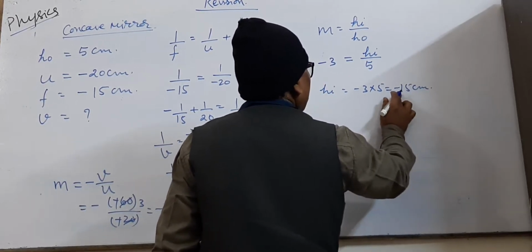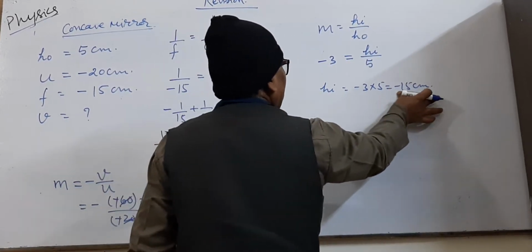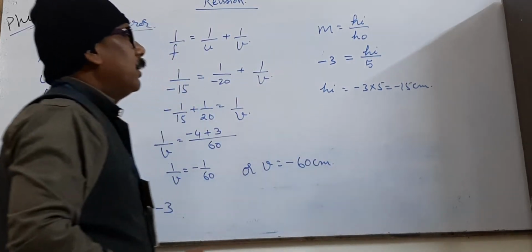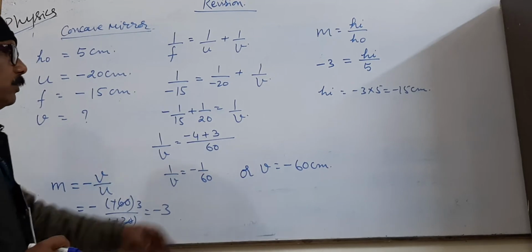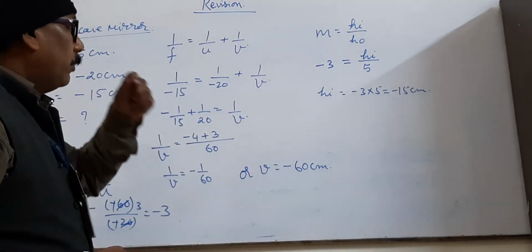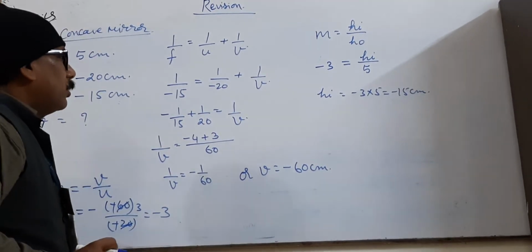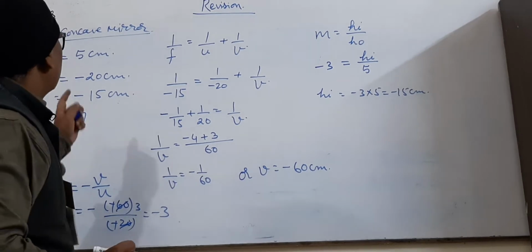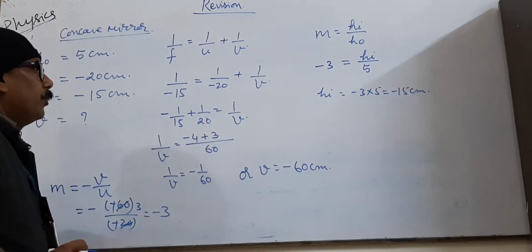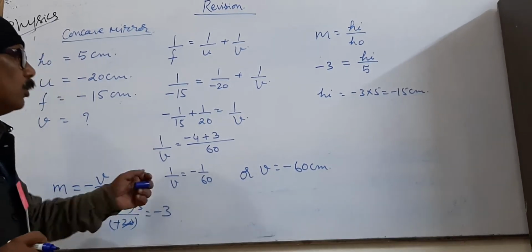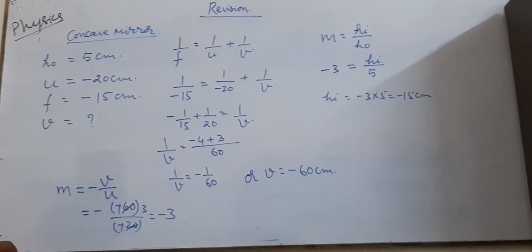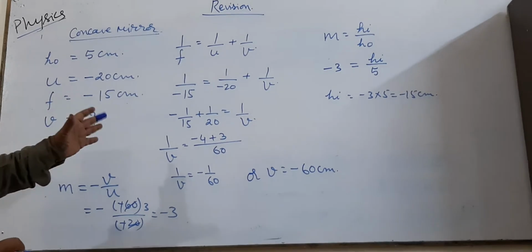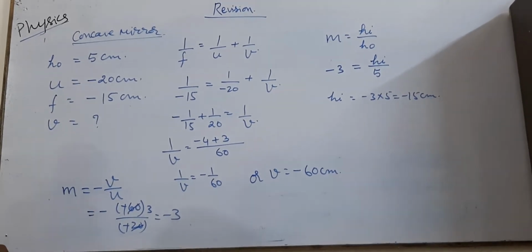Here the negative sign indicates that image is inverted. Nature is real, inverted, and 3 times the size of the object. Now in this question only one more part may be added, that is draw the ray diagram for this condition.